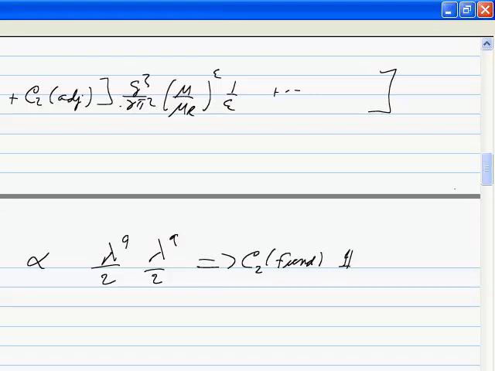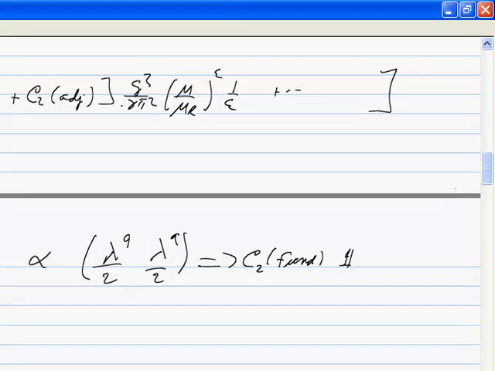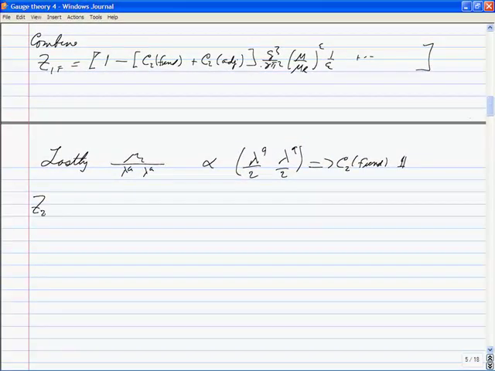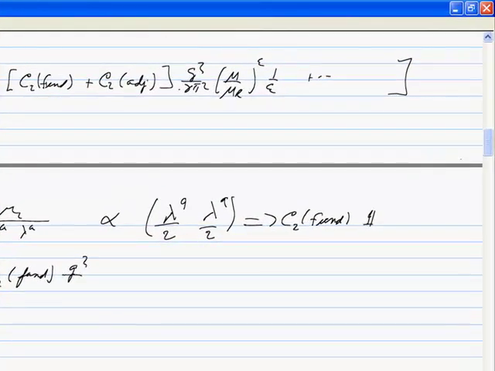So this guy only involves C2 of the fundamental, and so Z2 for a fermion turns into 1 minus C, the Casimir for the fundamental, g squared over 8 pi squared (mu over mu r)^epsilon 1 over epsilon.